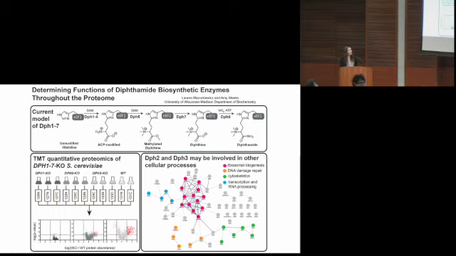If it was a diphthamide modification itself, I would have expected to see similar changes in the protein expression profile across all of the mutants, because all 7 of them are required to actually synthesize the diphthamide modification. So based on this, I'm thinking more that it's alternative functions.